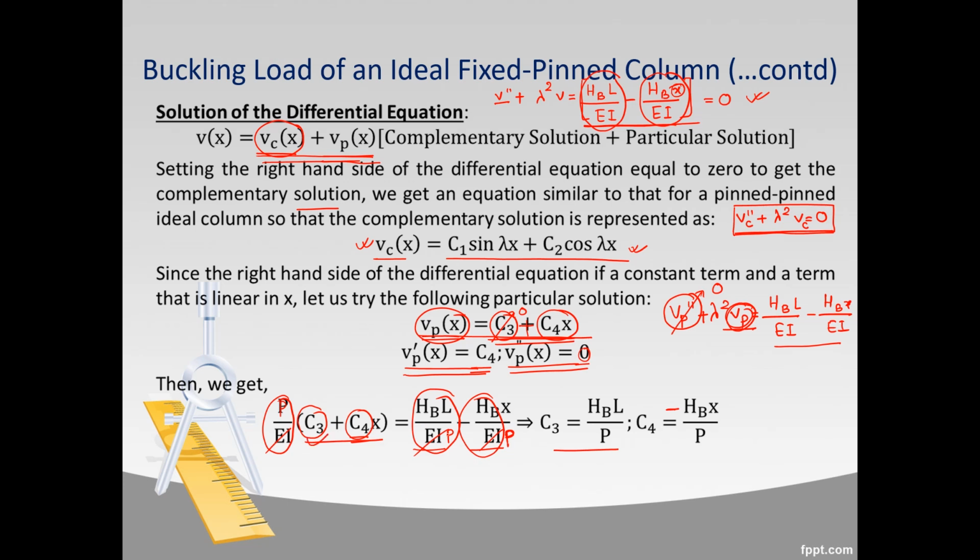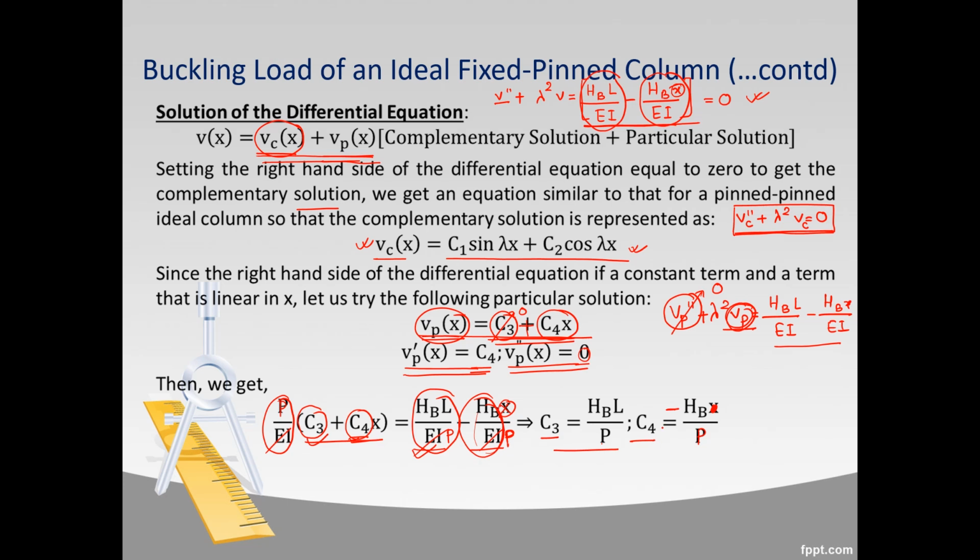So C3 will be equal to this constant term HB into L by P, and C4 will be equal to the remaining term except this X, minus HB by P. So I think you can remove this X also here. So C4 will just be minus HB by P. So we got the values of constants C3 and C4.